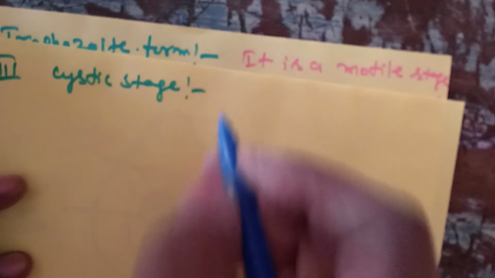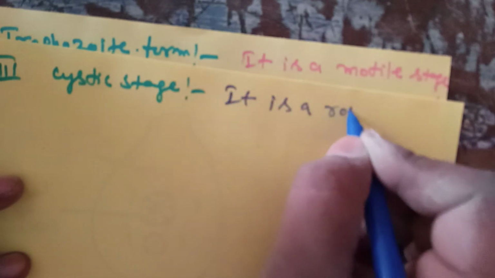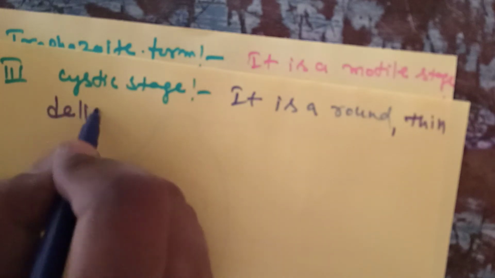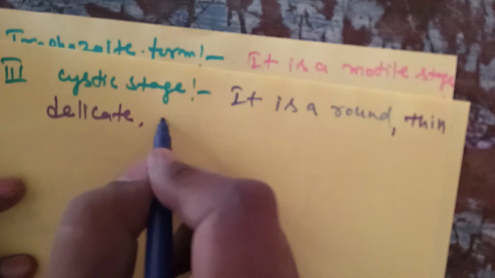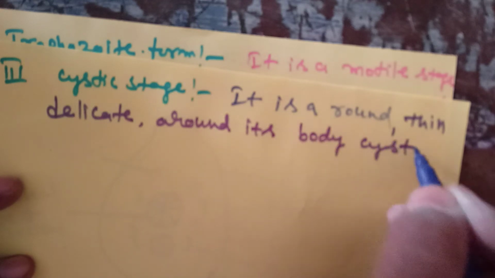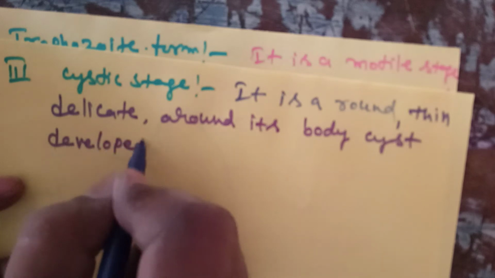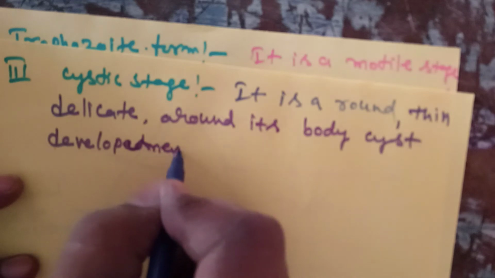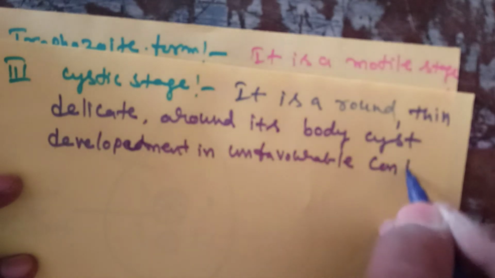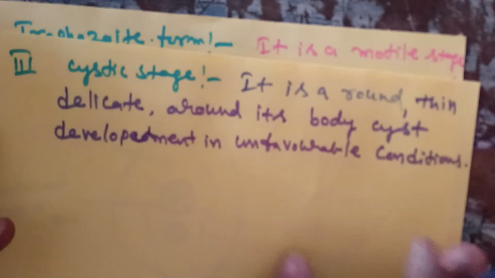It is round, with a thin, delicate cyst developed around its body in unfavorable conditions. It can store food material.